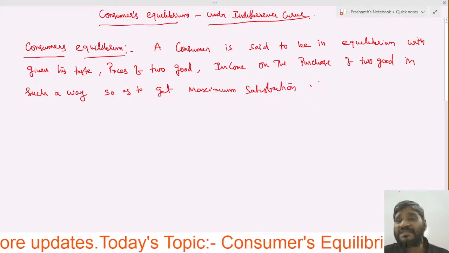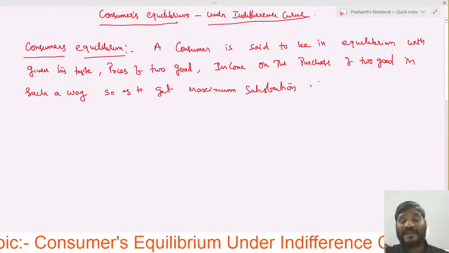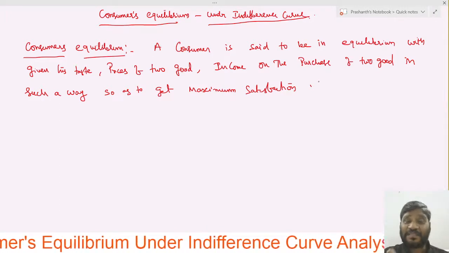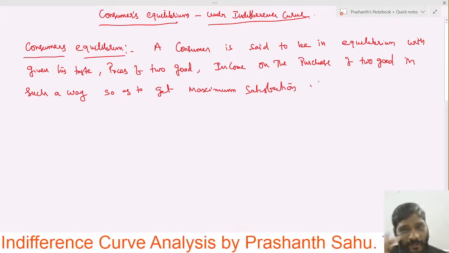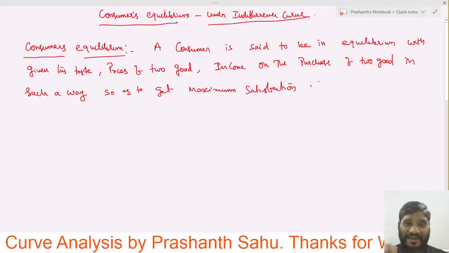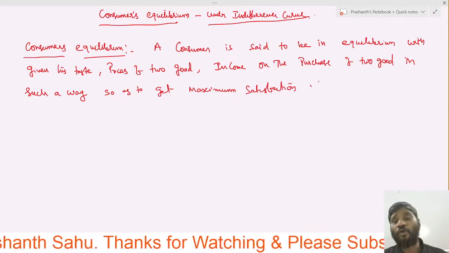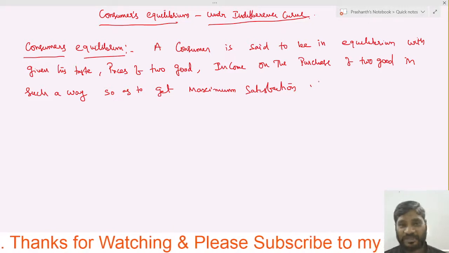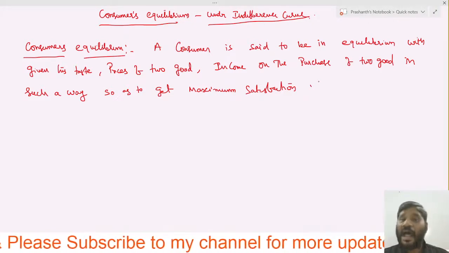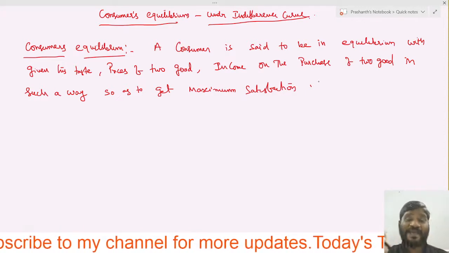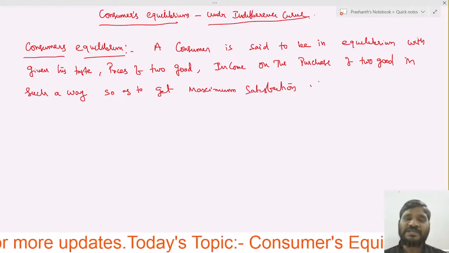A consumer is said to be in equilibrium. Equilibrium means a consumer is getting equal satisfaction from two goods with his given taste, that is taste and preference, prices of goods, and income of the consumer, and he is making combinations in such a way as to get maximum satisfaction.